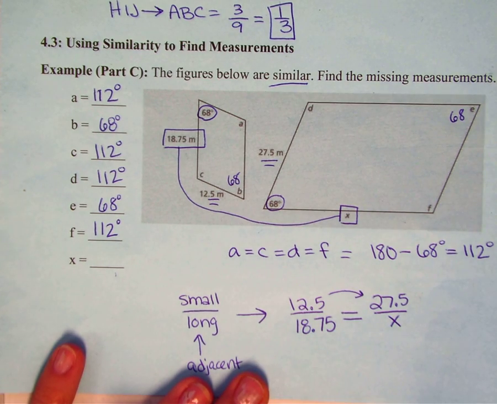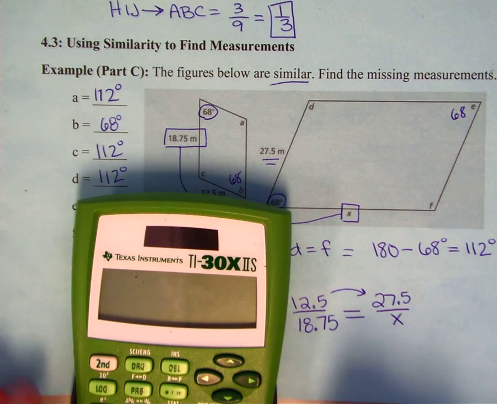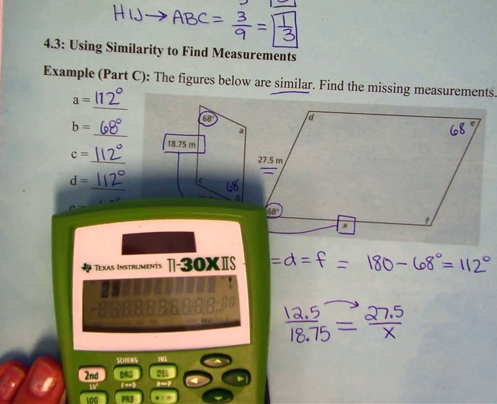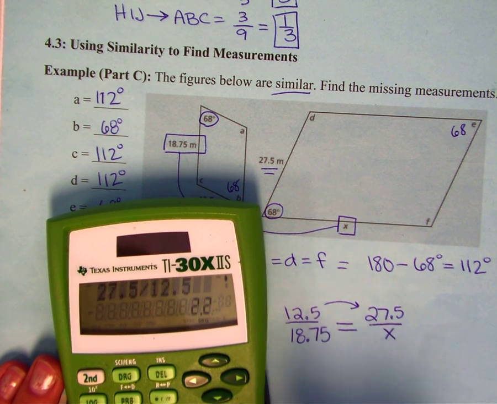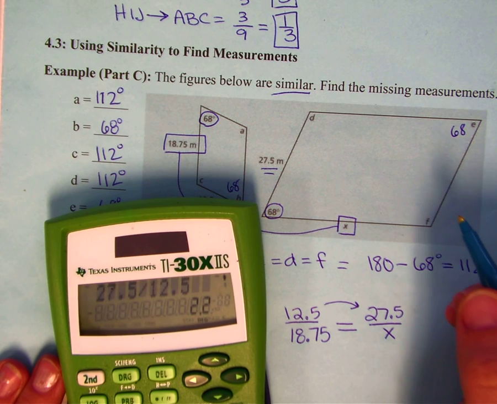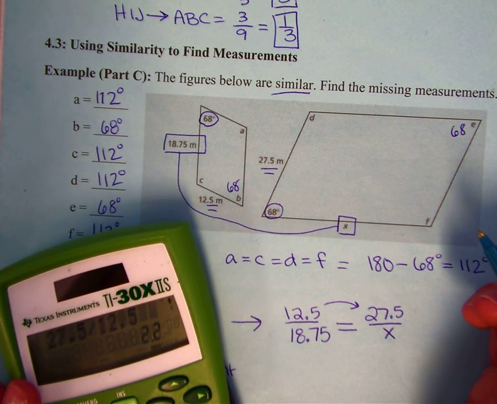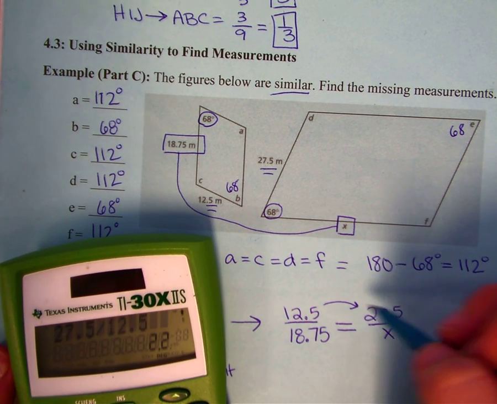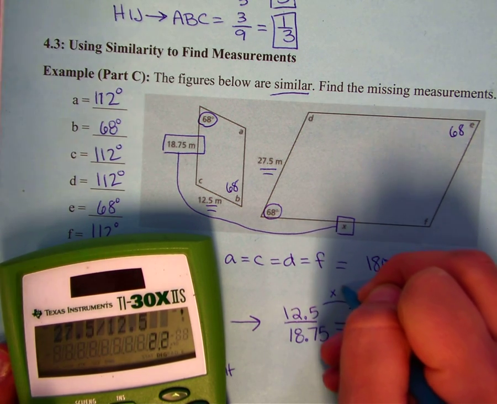Which is not necessarily an obvious scale factor, but if I take my calculator and divide 27.5 divided by 12.5, I see that it goes in 2.2 times.